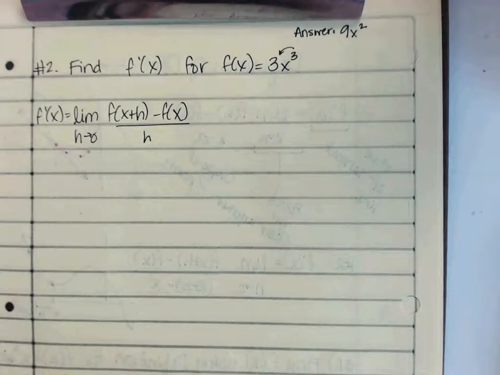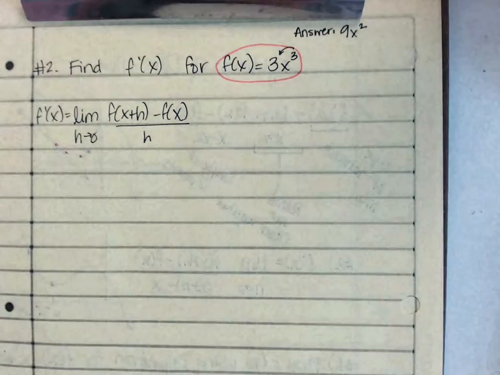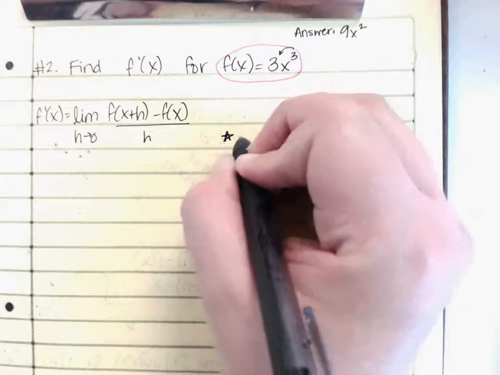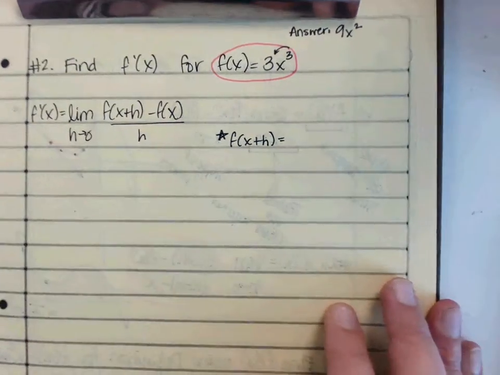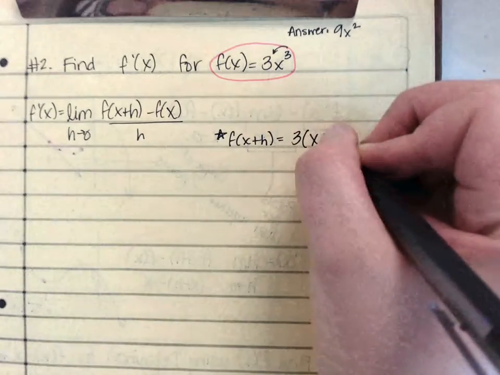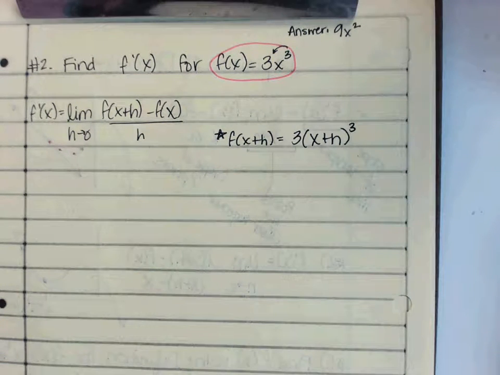Now, f of x I already know. That's what they had to give me. That's my equation. So here's f of x. What will f of x plus h be? Three times x plus h cubed, right? I just take my x, I'm giving it a little plus h to go into the equation with it.